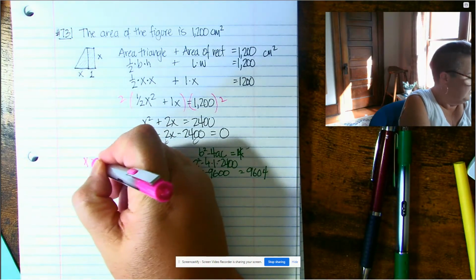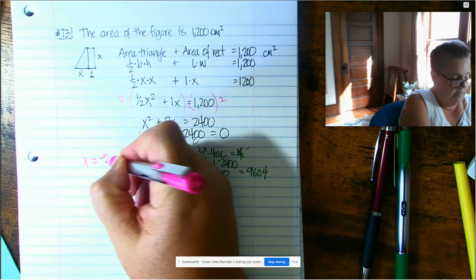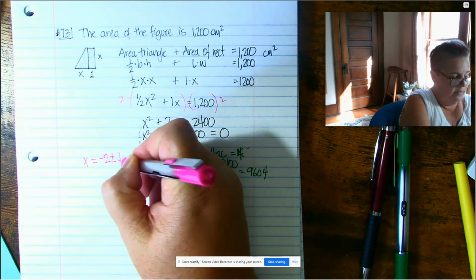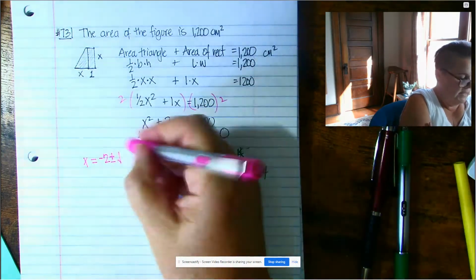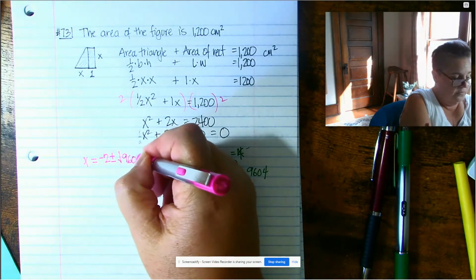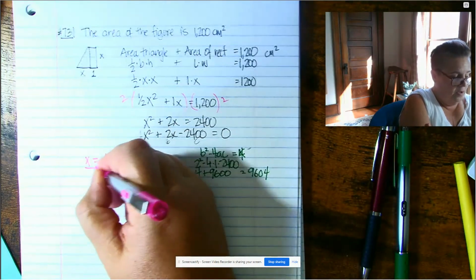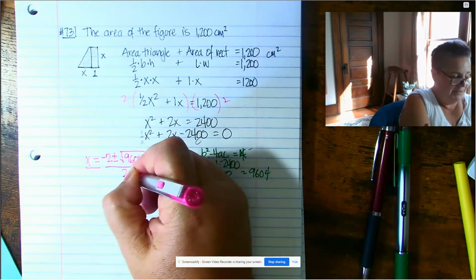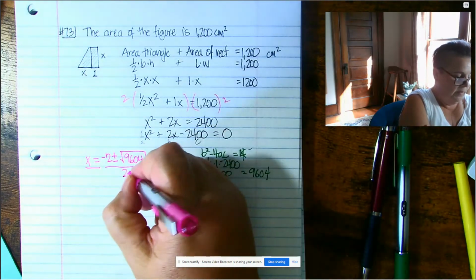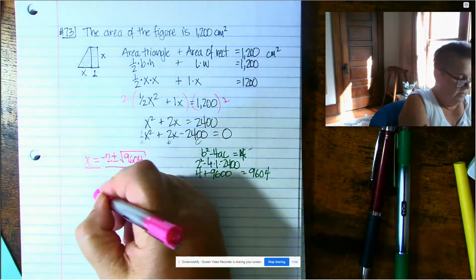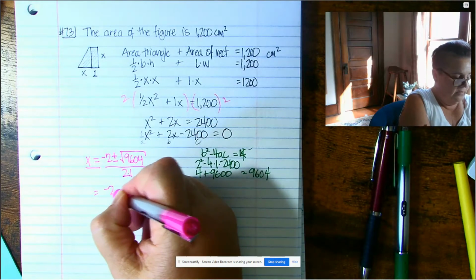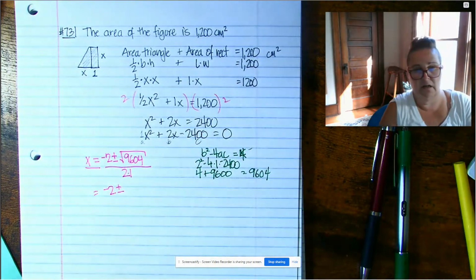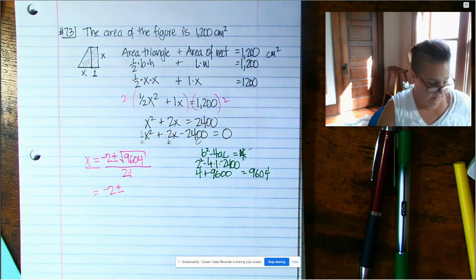So x is going to equal the opposite of b plus or minus the square root of b squared minus 4ac. That's a 9604, all over 2 times 1. Okay, 2a, 2 times 2. So this is going to be a negative 2 plus or minus the square root of 9604.